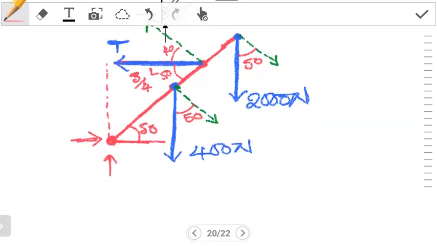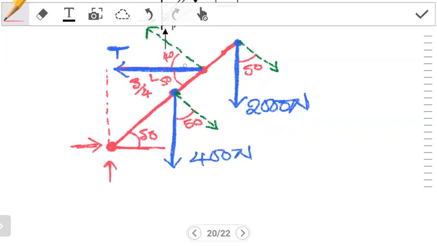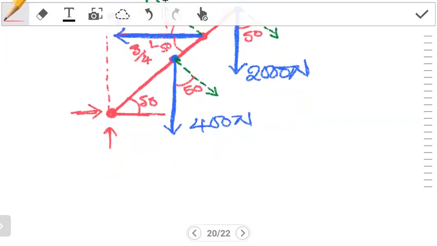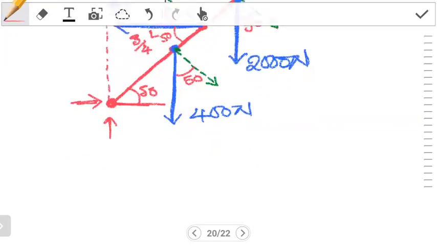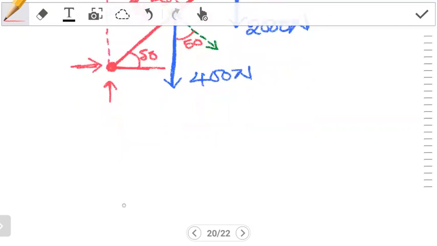So next, let's resolve the forces. I'm going to work out this one here, and then you should be able to work out the rest. But if you're still struggling with resolving vectors, check out my series. If I sketch the T force, what you have is this, and the force is in this direction.